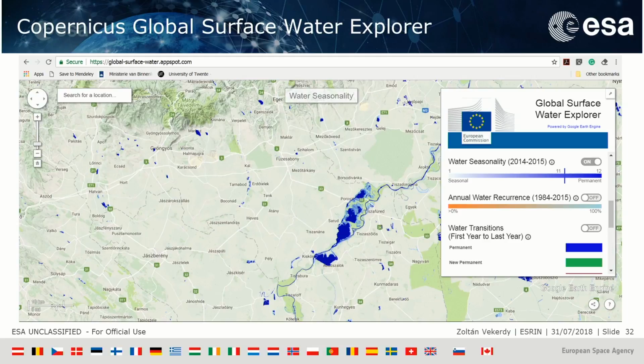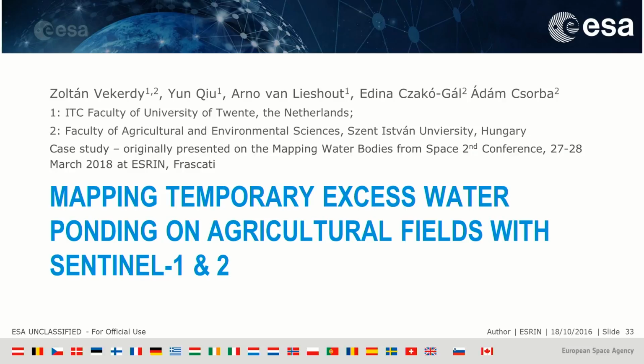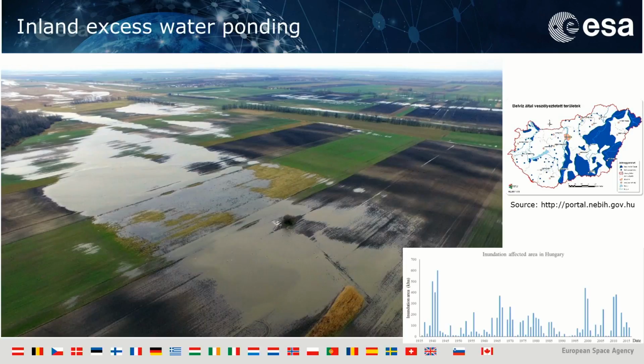But there's a system that they are using, a combined optical and radar method, that is not sensitive to the problem that I would like to show you as a case study now, to map inundations on agriculture area.